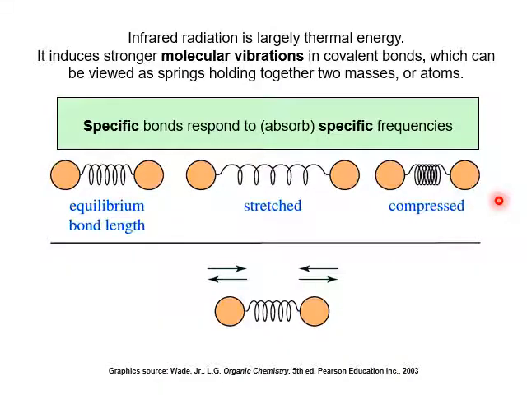Infrared radiation is largely thermal energy. It induces stronger molecular vibration in covalent bonds, which can be viewed as springs holding together two masses. For example, here you can see a spring which is holding two masses. In IR spectroscopy, we will have stretching of the spring, or compressing of the spring holding the two masses.